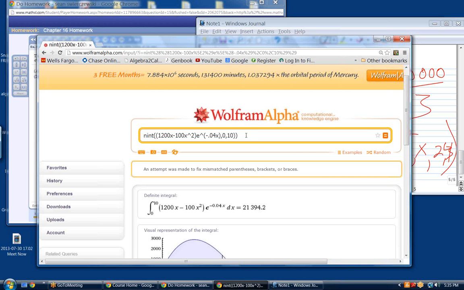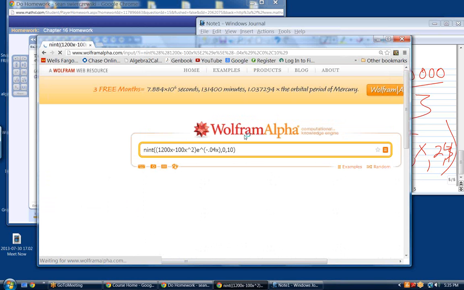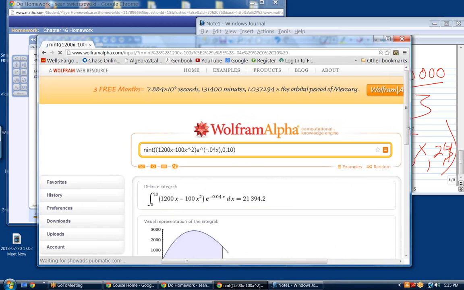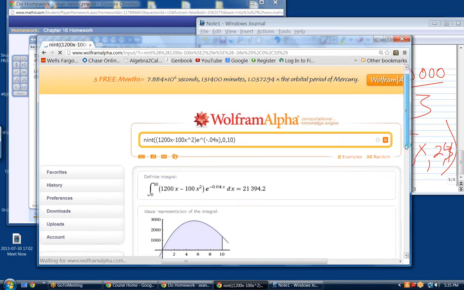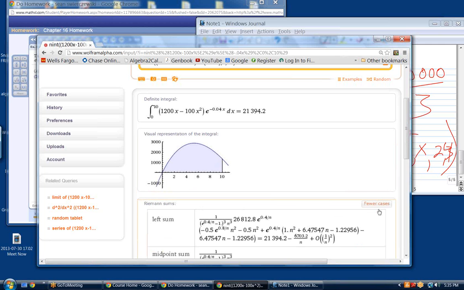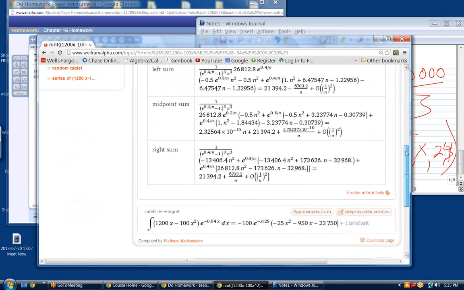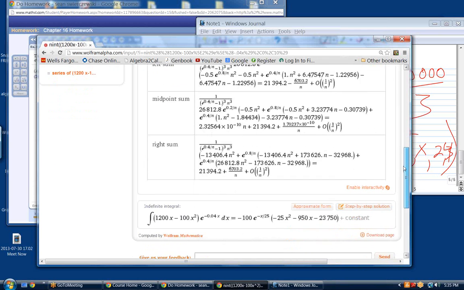Oh, and I got one too many parentheses. That's why it's telling me mismatched. Maybe it'll give me more digits if I do it in there right. Wow, they give you the left, rectangular, mid, right.